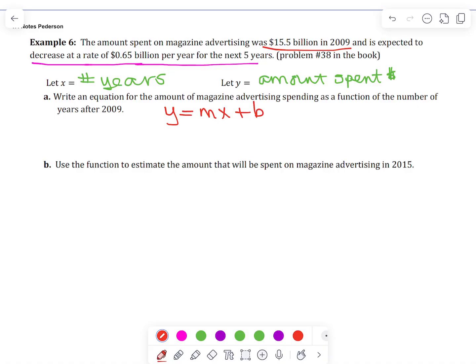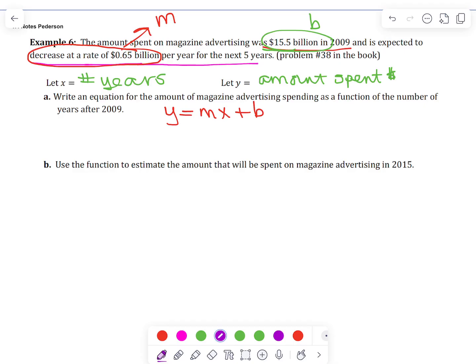The m is the continuous rate of change. The b is your starting point, your initial value, your y-intercept.